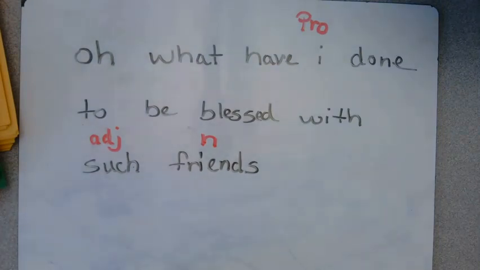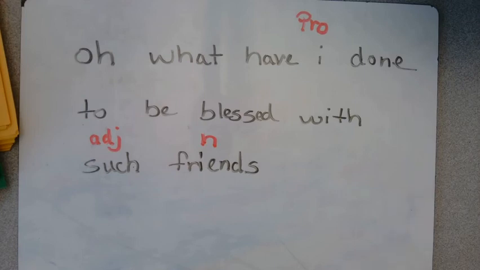Something that you're having to look at closely is something called an interjection. Interjections express emotion, but they don't have any real connection with the rest of the sentence. This will be important on the last day of the week when we look at how we're going to punctuate them, but interjections set things apart.